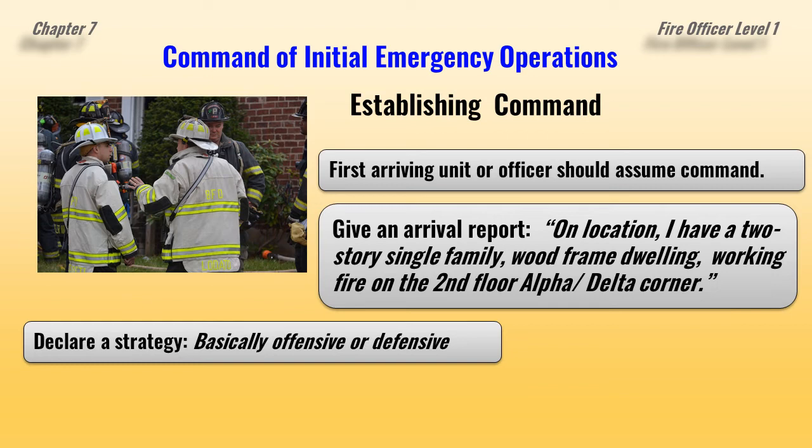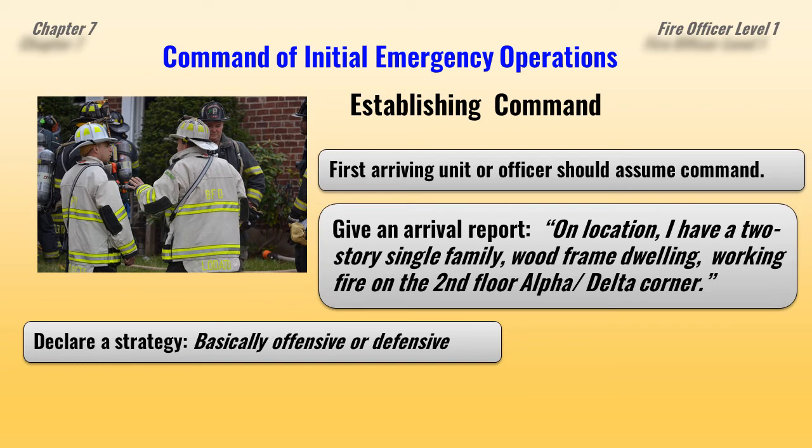In firefighting, kind of like football, we basically use offensive or defensive strategy. Now, I do a class on incident decision making. You may or may not have had that course from me by this time, but I think it's a good class that I put together for how we make decisions.